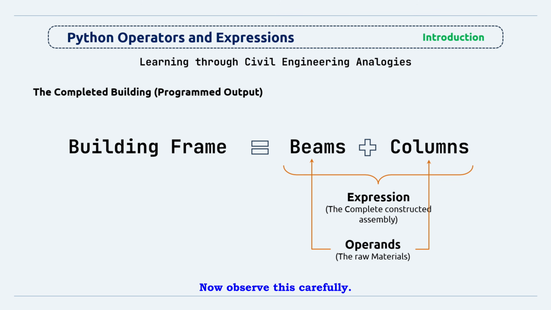Now observe this carefully. After combining all these structural elements or structural components, we finally get the completed building frame. Similarly, in Python programming, after an expression is evaluated, we get the final program output.